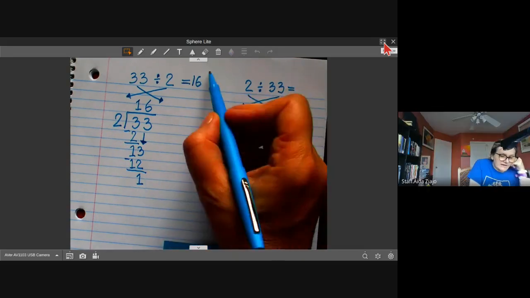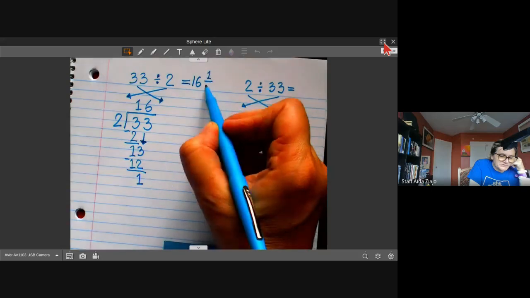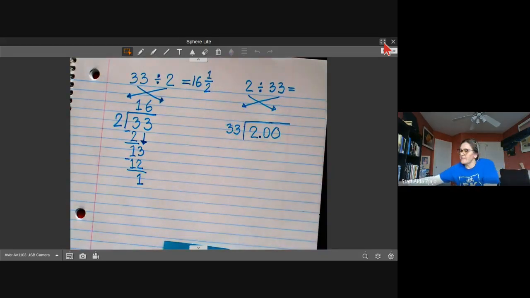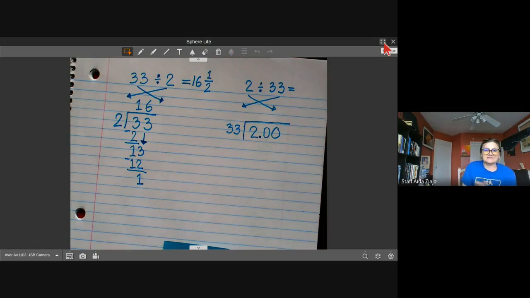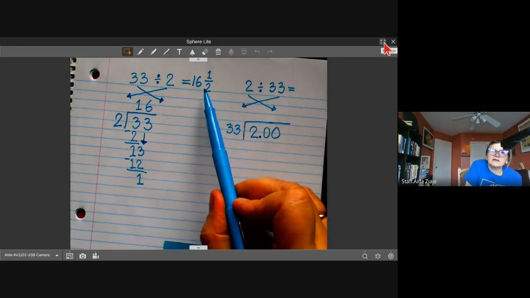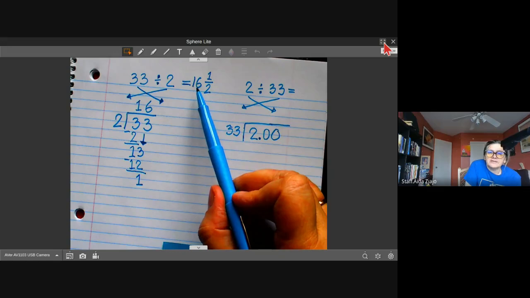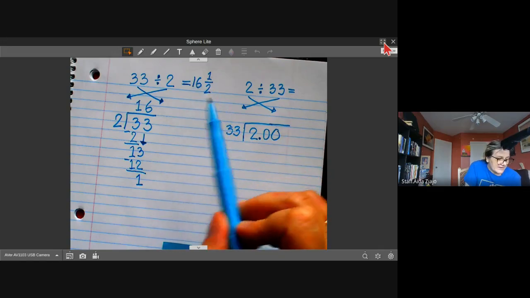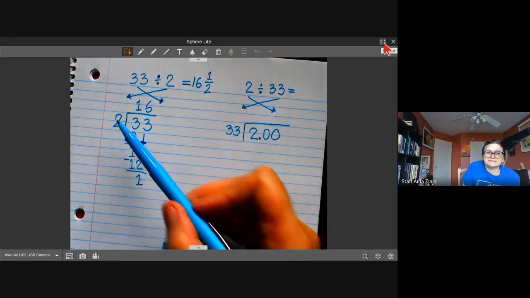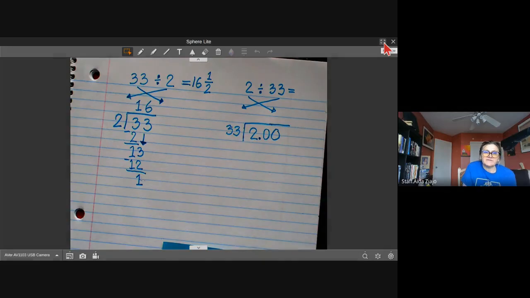So I have 1 out of 2 pieces left. Okay, and that would be if they ask me to write this as a fractional answer. So 16 whole pieces and 1/2, one out of 2 pieces that makes a whole. But if they say write your answer as a decimal, then what do I do?